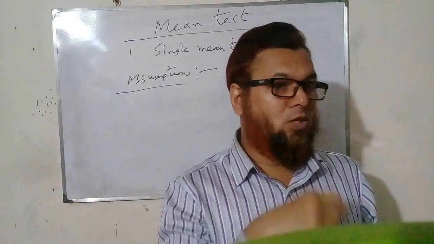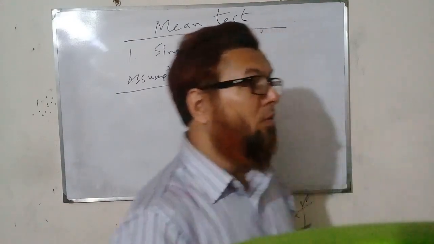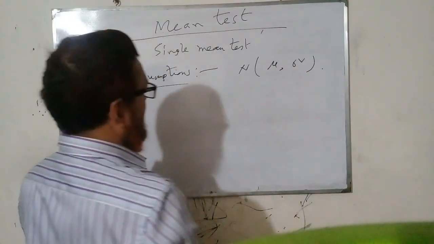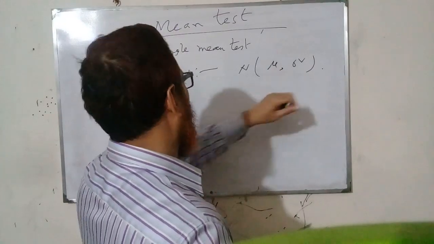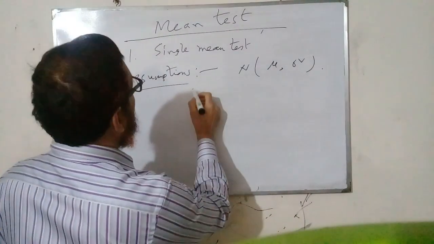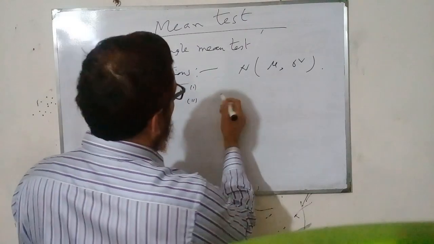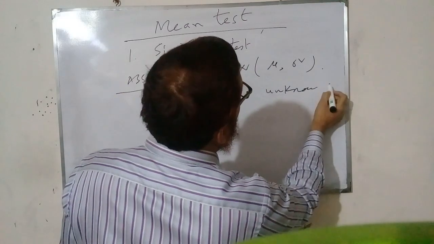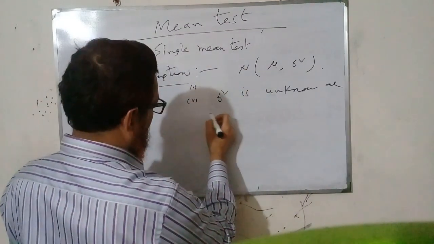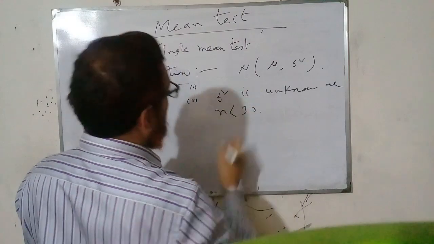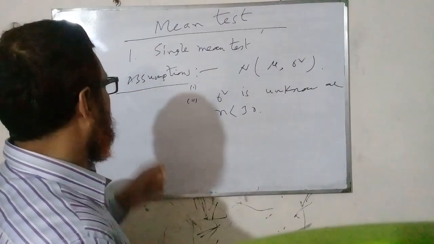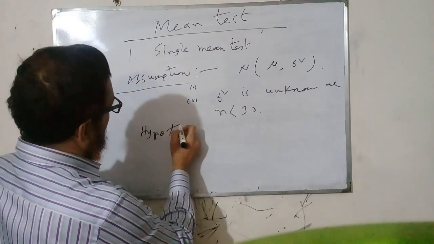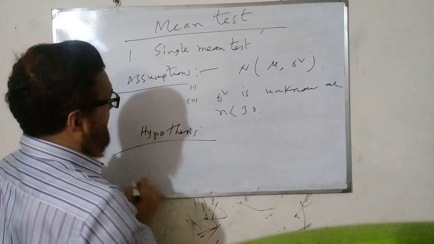Assumption: we can assume that the samples are drawn from a normal distribution with mean mu and variance sigma square. Number 1. Number 2, population variance sigma square is unknown and sample size n is less than 30. Next, the hypothesis.